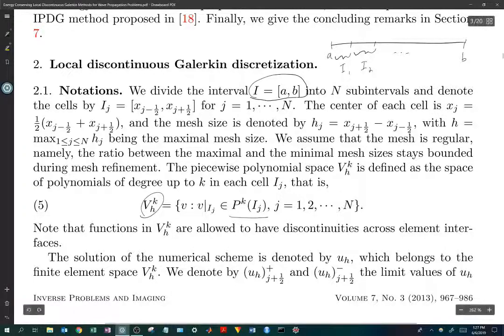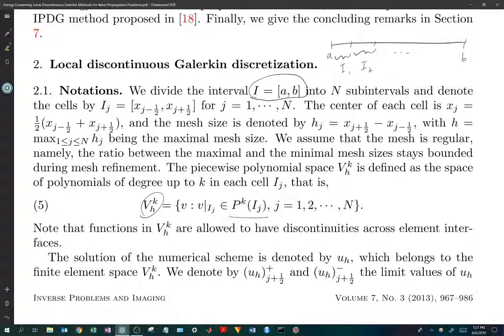So you're basically discretizing the spatial dimension into a whole bunch of intervals, and on each interval you're defining a polynomial basis, and then you're gluing these polynomial vector spaces together. For example, if you have P0, or k equals 0, then you just have a one-dimensional vector space, and typically that's going to consist of the constant polynomial.